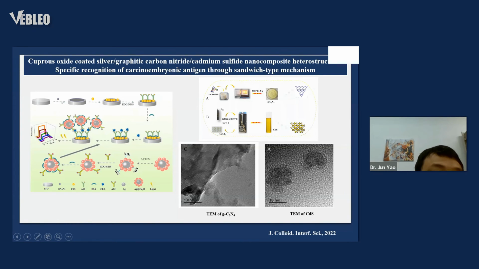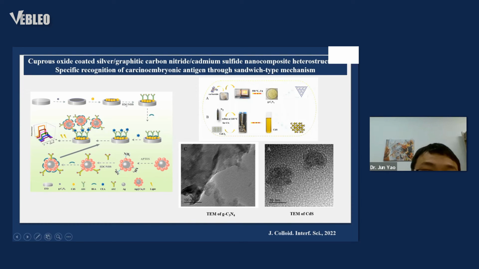Firstly, drop the graphite carbon nitride on the surface of the ITO. Secondly, add the cadmium sulfide QDs on the modified ITO.